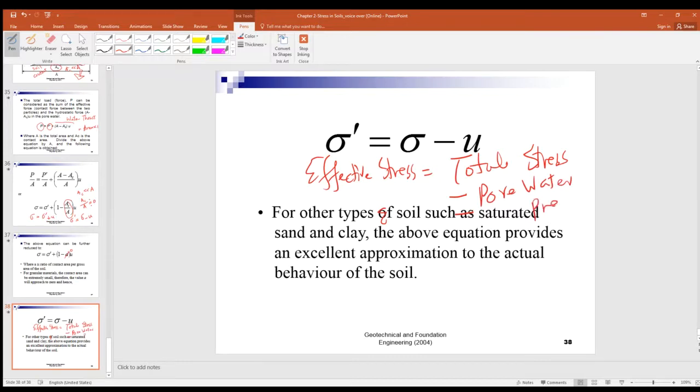The water in the soil is always kept within the pores, in the voids. So remember that effective stress is equal to total stress minus pore water pressure. So that ends our chapter 2.